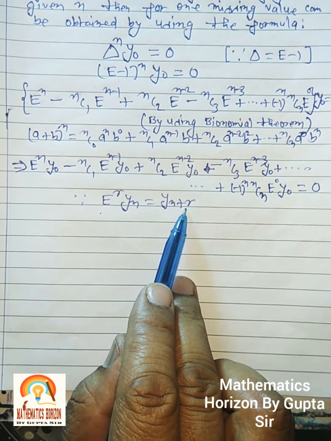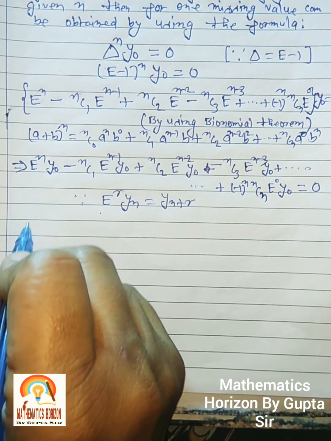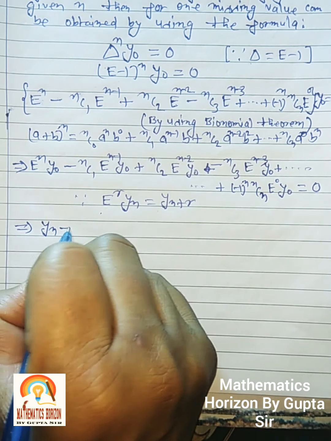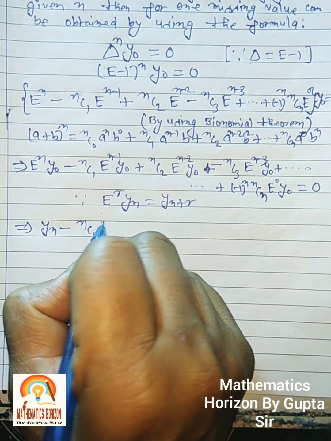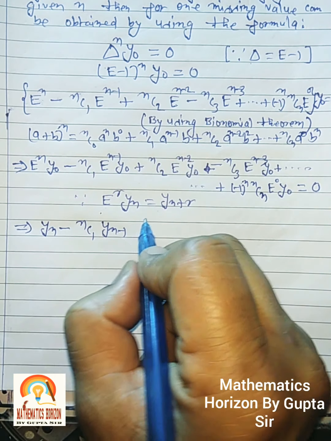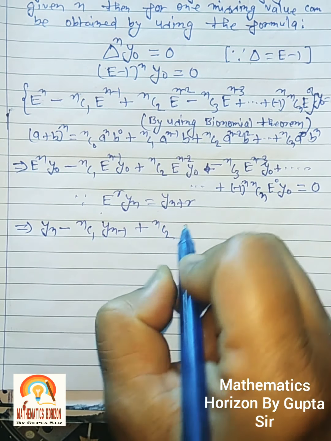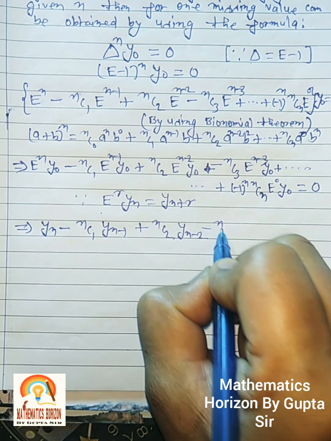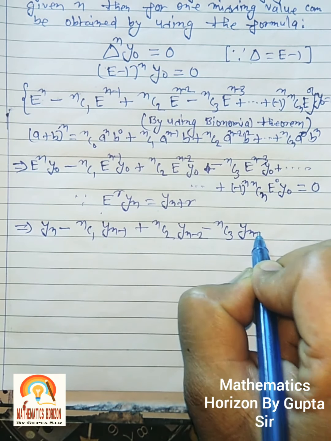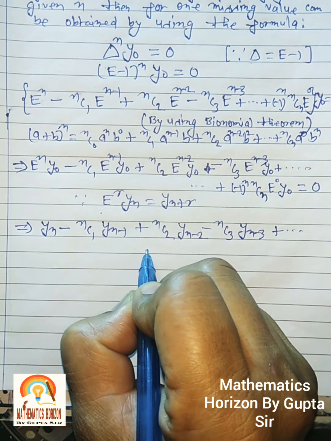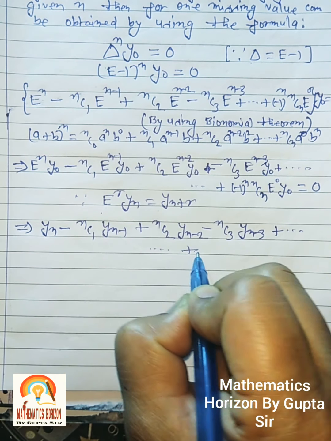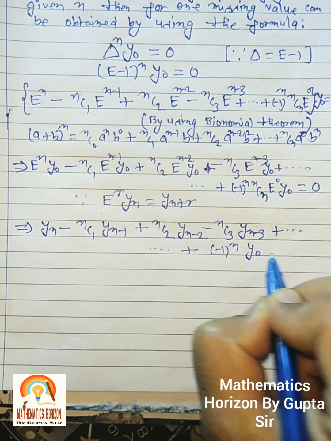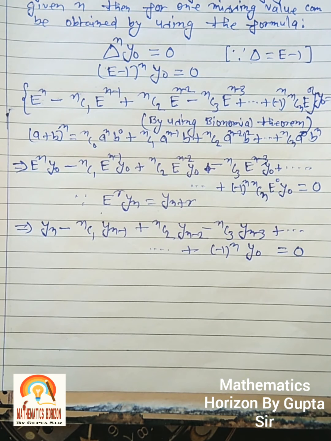By using this relation we get here yn minus nC1 y(n minus 1) plus nC2 y(n minus 2) minus nC3 y(n minus 3) and up to the last term plus minus 1 to the power n y0, and this is equal to 0.